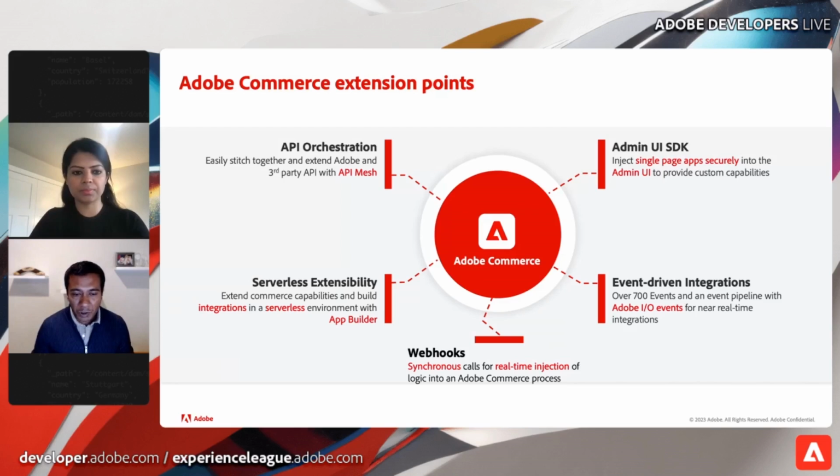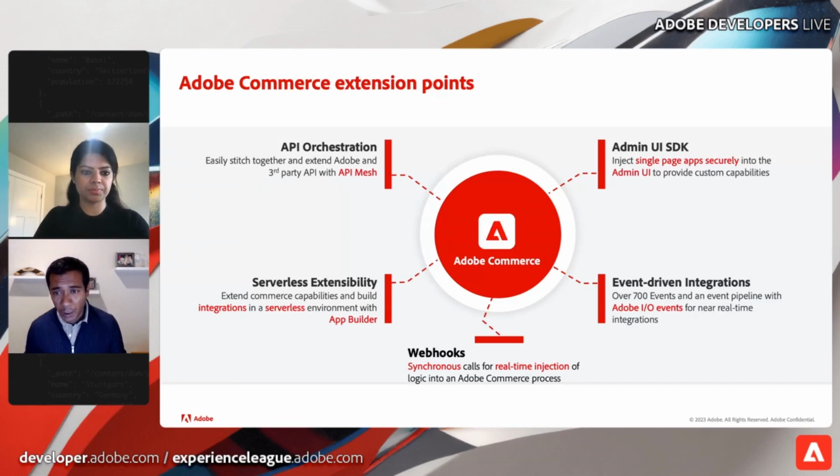And then just about a month ago, we released webhooks, which allows you to build real-time or synchronous integrations with Adobe Commerce. So things where you need a response immediately. For example, as you're checking out, maybe you need to call a third-party system to validate pricing, inventory availability, or validate address, or get shipping or tax calculations, etc. You can extend our processes in real time and inject back the response from those third-party systems into that process as you go through.